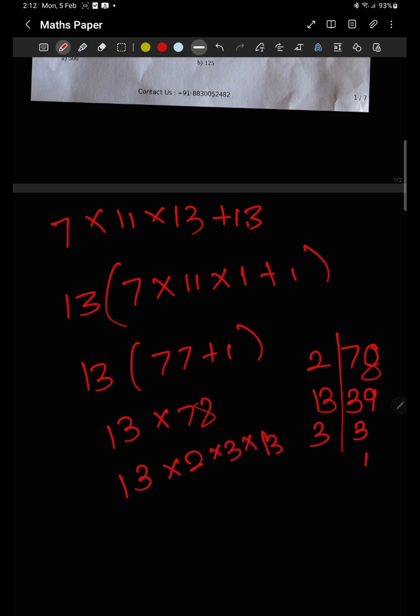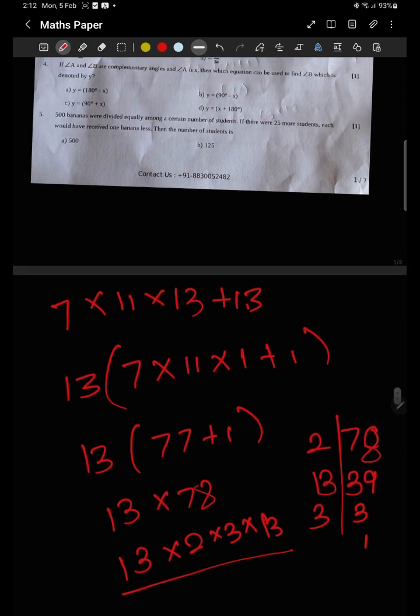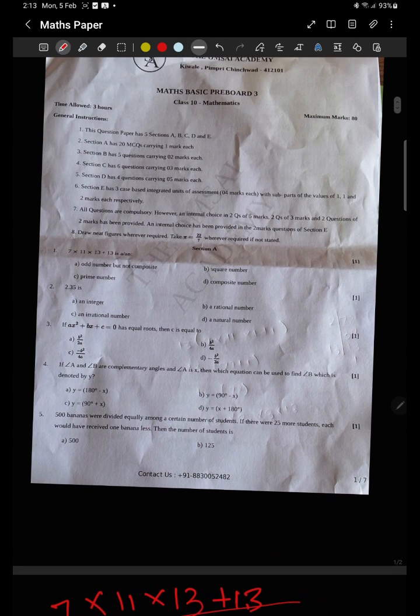These are all prime numbers, but the question given is composite because it has factors more than 1 and itself. It has more than one factor, and that is why it is a composite number, option D.